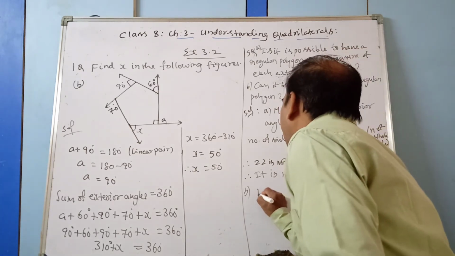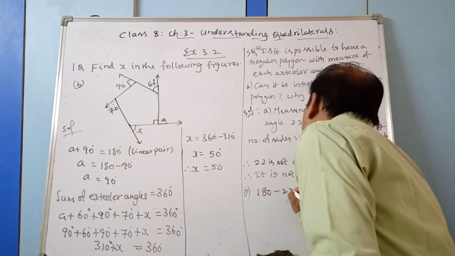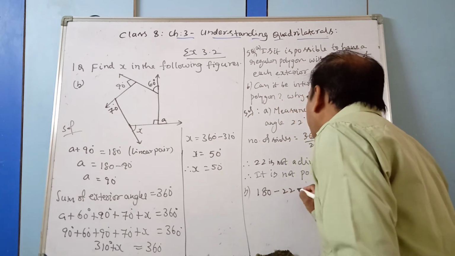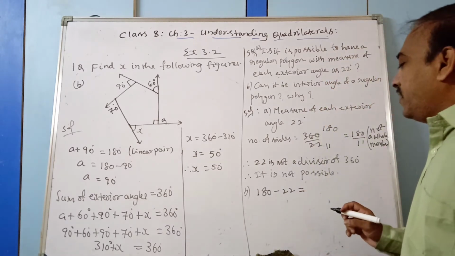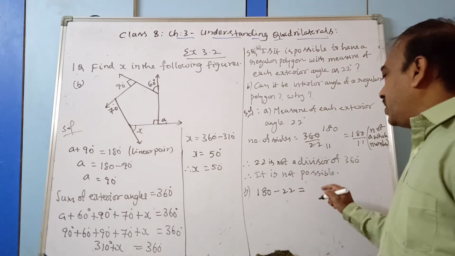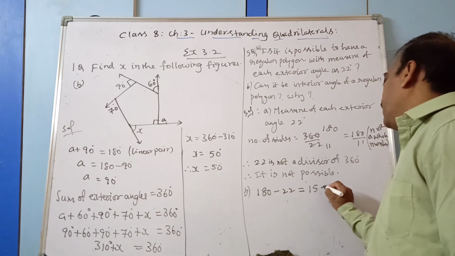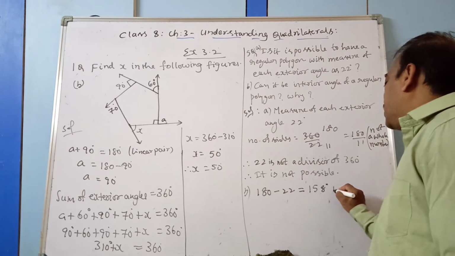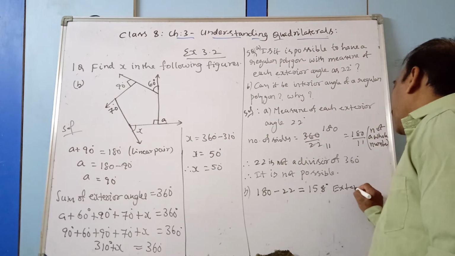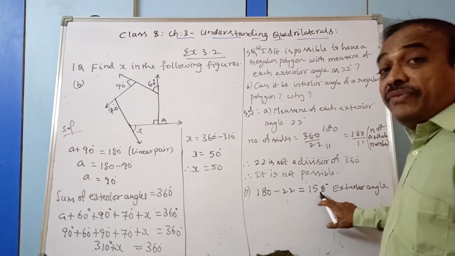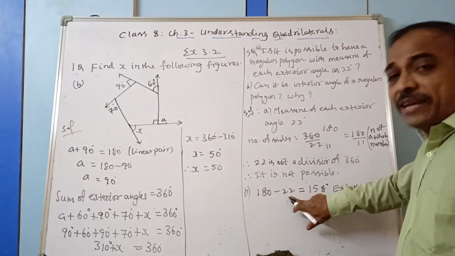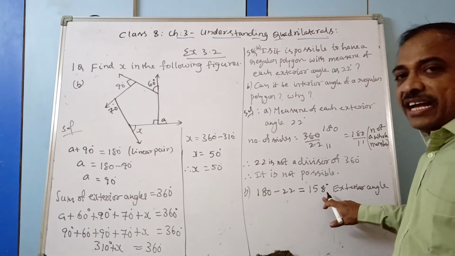So 180 minus 22 is 158 degrees, which is the exterior angle of the regular polygon.